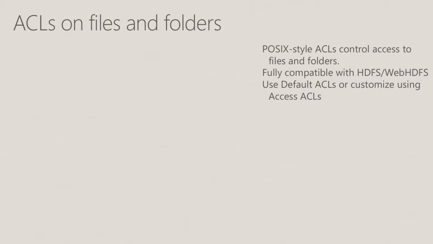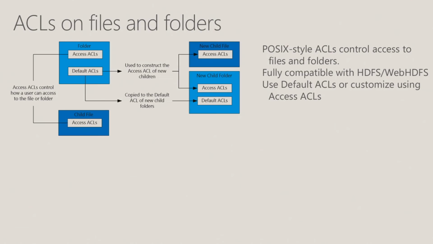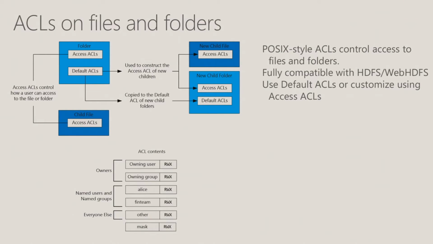Broadly speaking, you can create a security group where you include everybody who wants access to all the files and folders, or you can set individual-level exclusive access for that entity. This diagram shows how the ACLs work and what the components within the ACLs are.